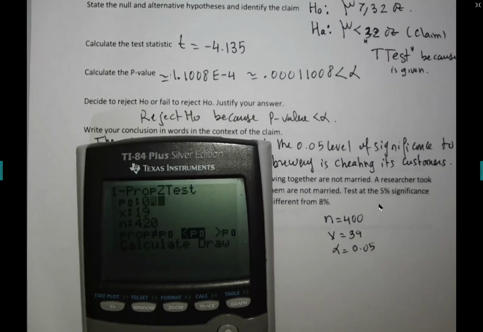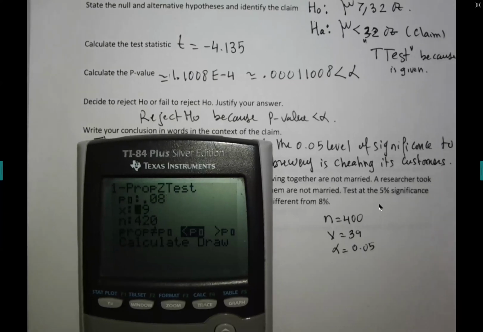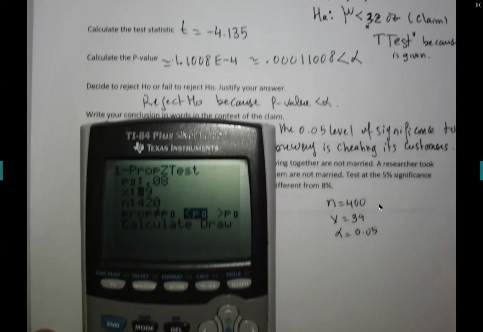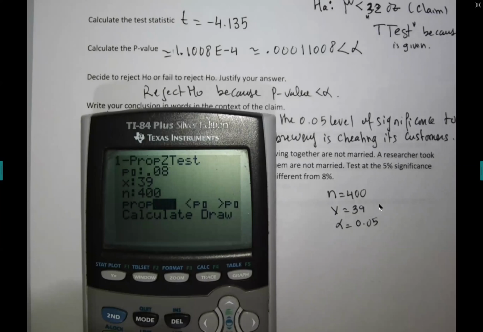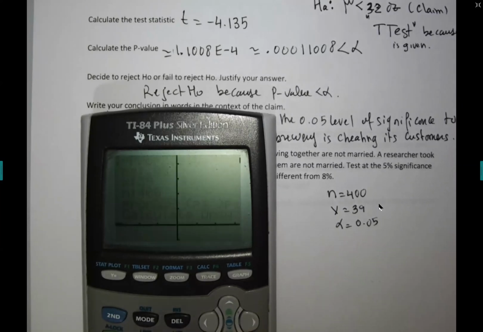Sometimes the students mistakenly make it 0.8. It's 0.08, 8%. x is 39. n is 400. And not equal. Look, I selected that one. I press enter. And now if you want to do a draw, let's do a draw.